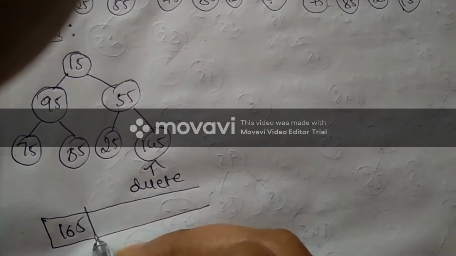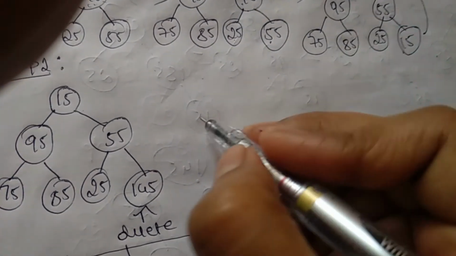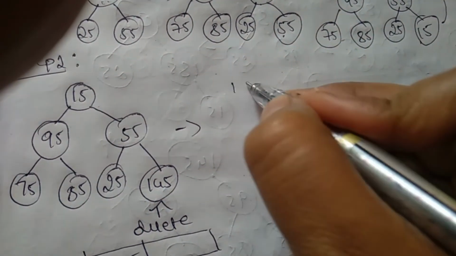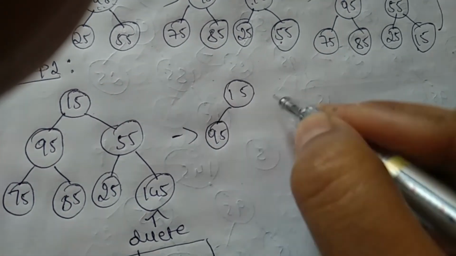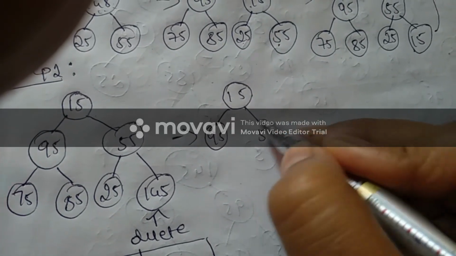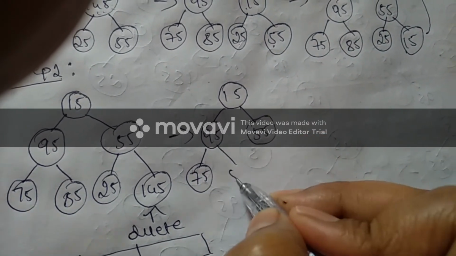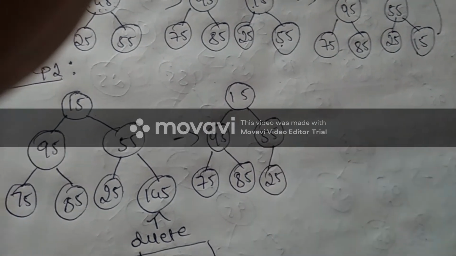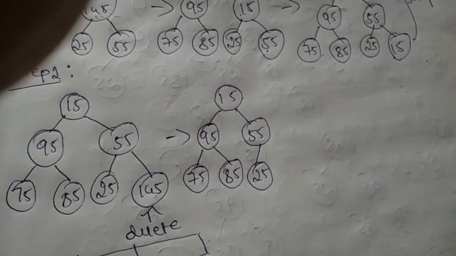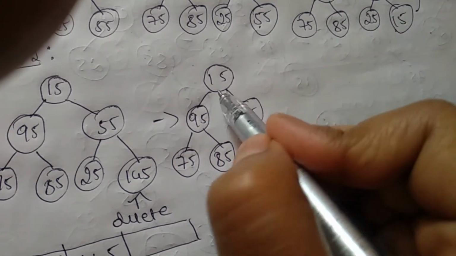Once it is deleted, record it in the array. Already 165 is there in the array. Now I am adding 145 to the array. Okay. After deletion, what representation you'll get? I have just deleted 145: 55, 75, 85 and here 25. Check whether it is satisfying the parental dominance. No, because 15 is less.